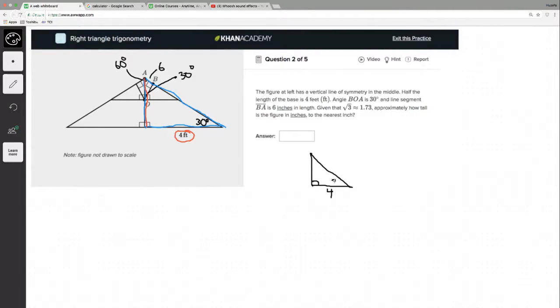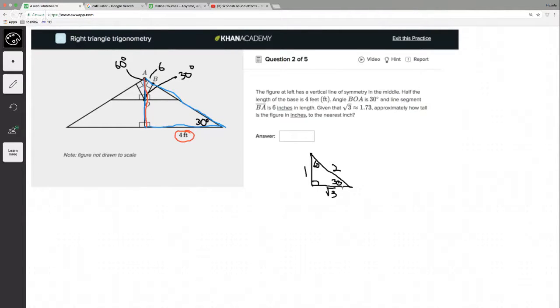So if this is 30 degrees, let me take that 4 away. If this is the 30, it looks like a 45, 45, 90, but that's okay. The smallest side is 1, the hypotenuse is 2, and this side is square root 3. That's the ratio.